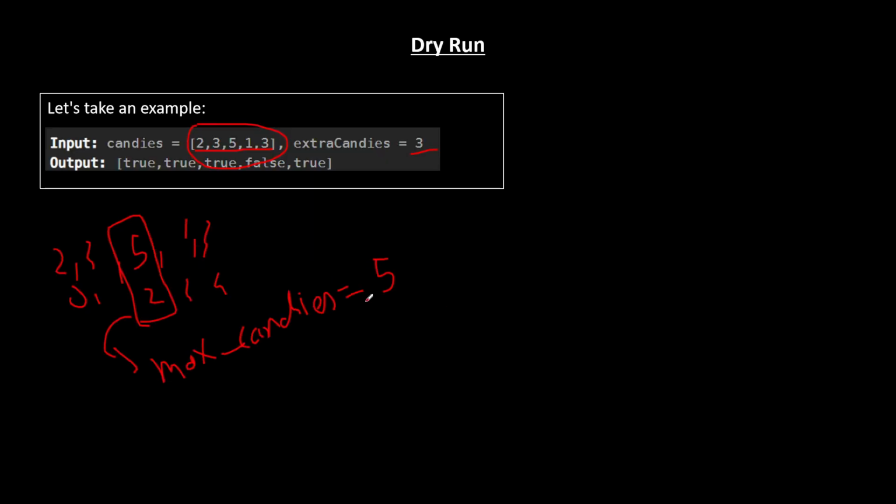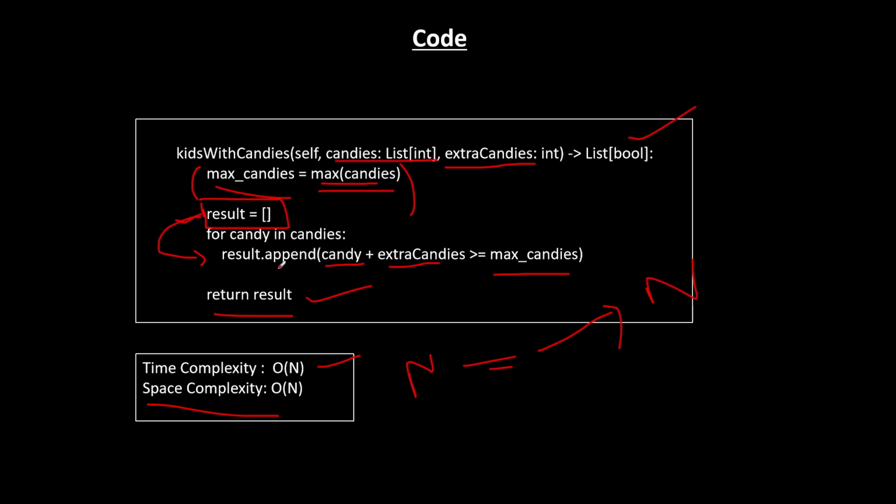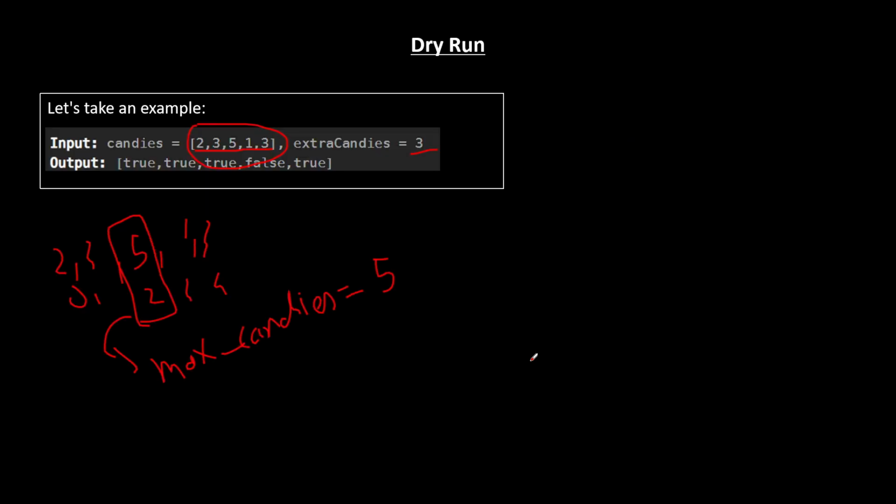Now we're going to loop through this complete array and we will check one by one and append to the result list. Since you can see here, we're appending into the result list. So we pick the first value plus the extra candy 3 and check if it is true.